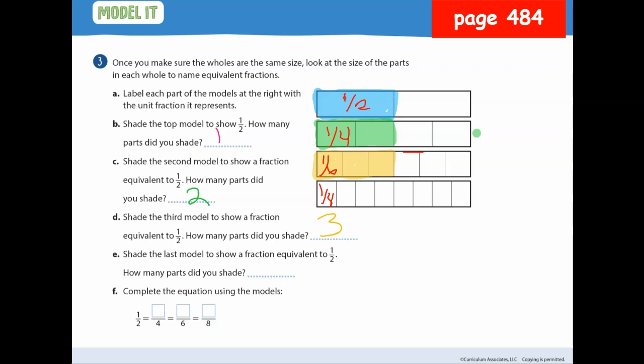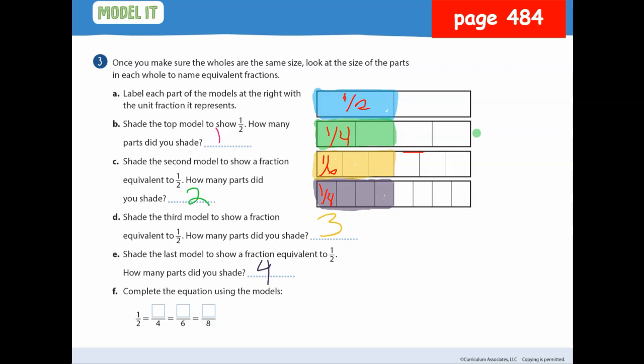Then it says shade a half on the fourth model. How many did I shade the bottom one? 4 of them. Okay. So then here it says complete the equation using the model.